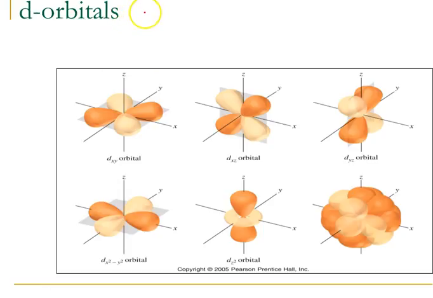D orbitals are found in d sublevels, and we actually will have 1, 2, 3, 4, 5 d orbitals per d sublevel.